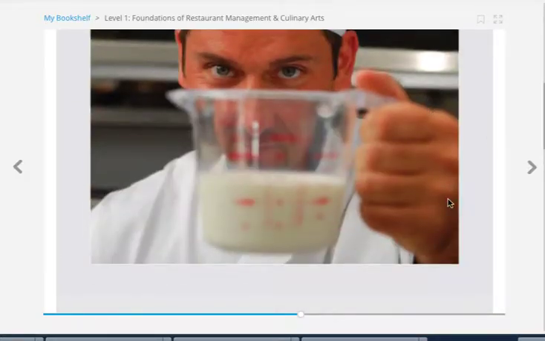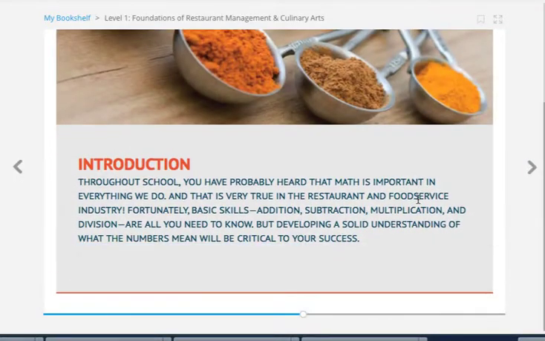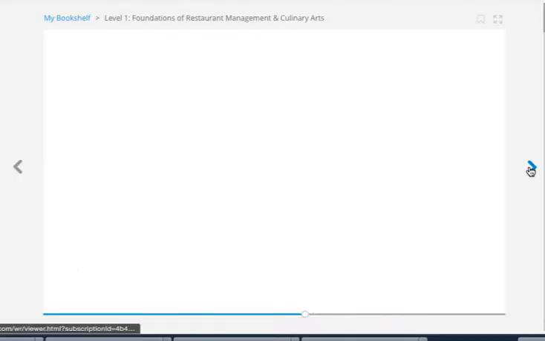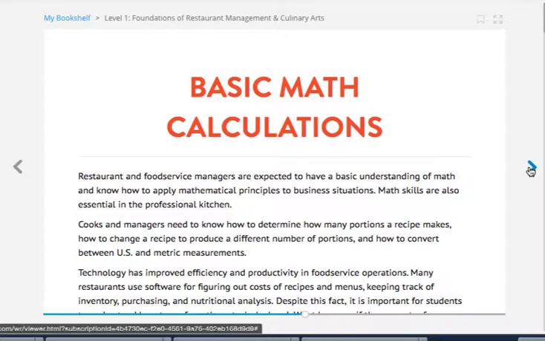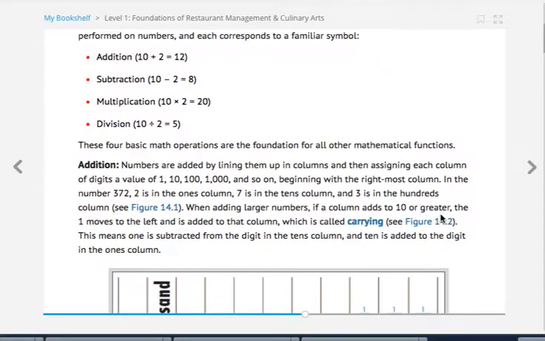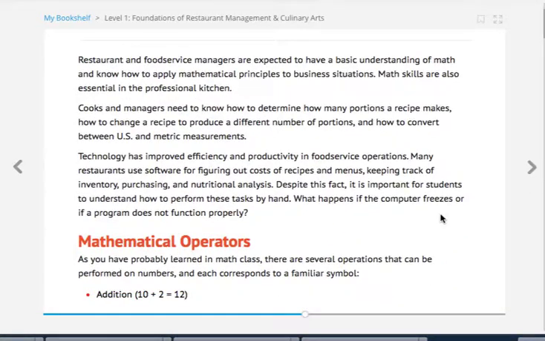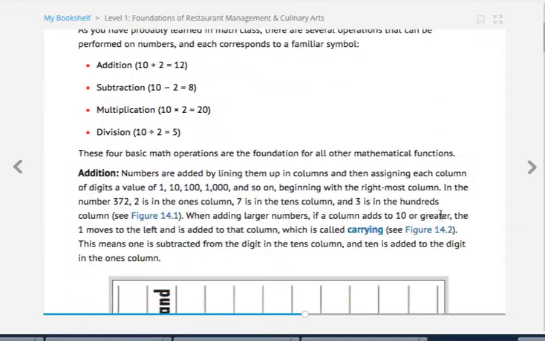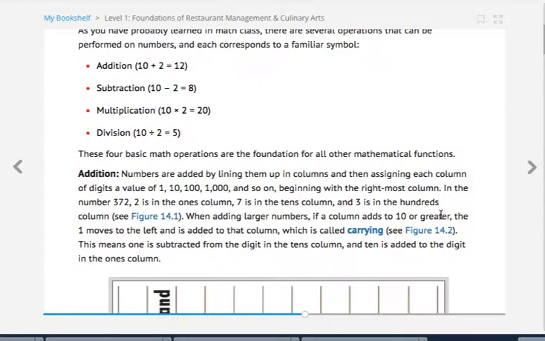So I'm just going to kind of go through the chapter with you. I'm going to touch on some important aspects, and I'm going to gloss over some other ones. So, basic math calculations. I am going to assume that you can do basic math, which would be addition, subtraction, multiplication, and division. If you are having issues with that, I could definitely go back and help you through that.